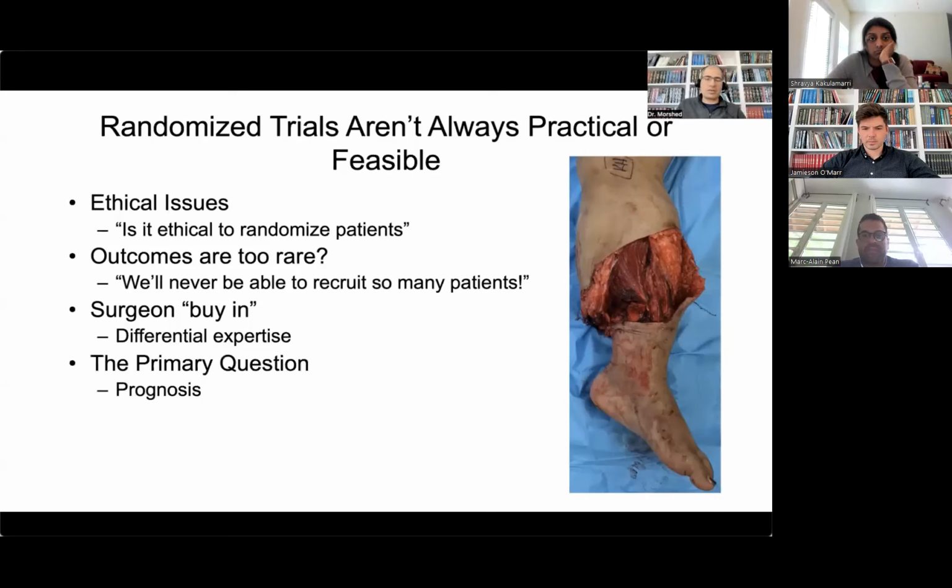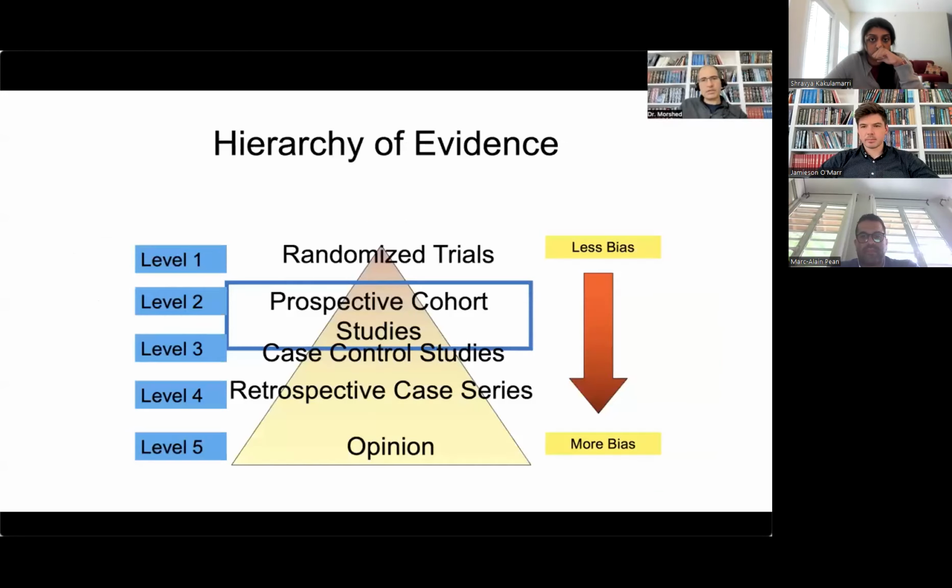The primary question may not really care about understanding therapeutic effects, but rather we may be interested in, for example, identifying risk factors for a particular outcome. And cost, right? We may never be able to raise enough money to pull off this study. So what do we do? We can look into our toolbox of other potential design strategies when the randomized trial isn't possible.